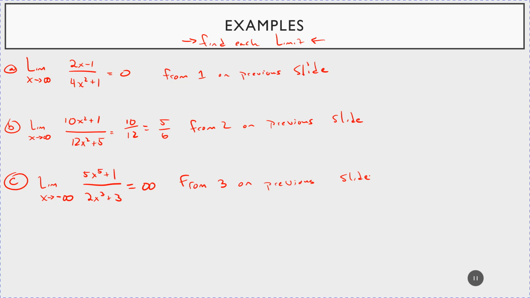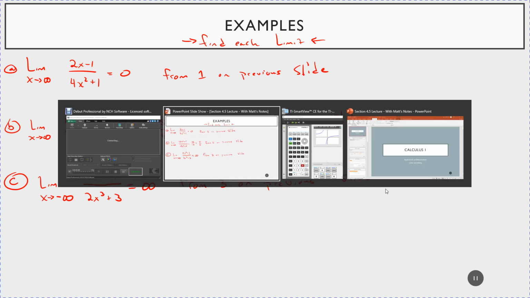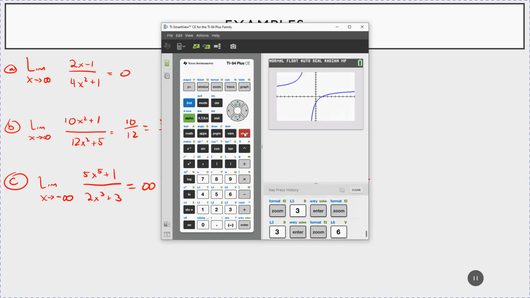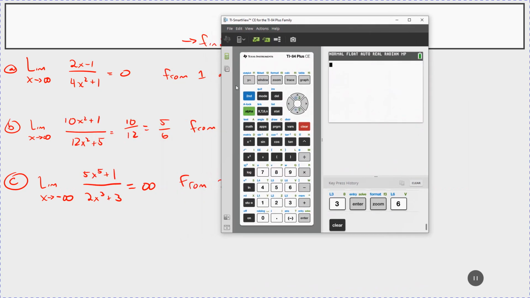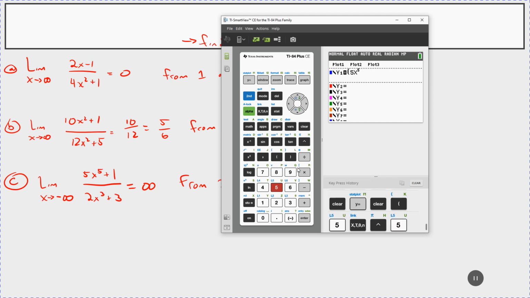Okay, let me show you this in the calculator, just so you can see it, right? So you have 5x raised to the 5th power plus 1 divided by, and then in parentheses, 2x to the 3rd power plus 3.